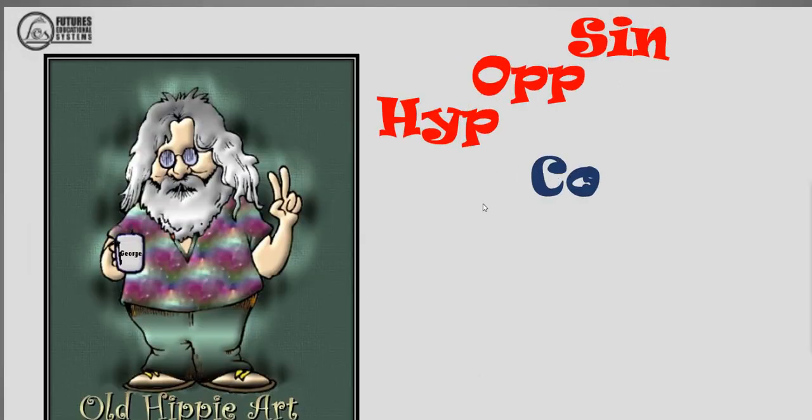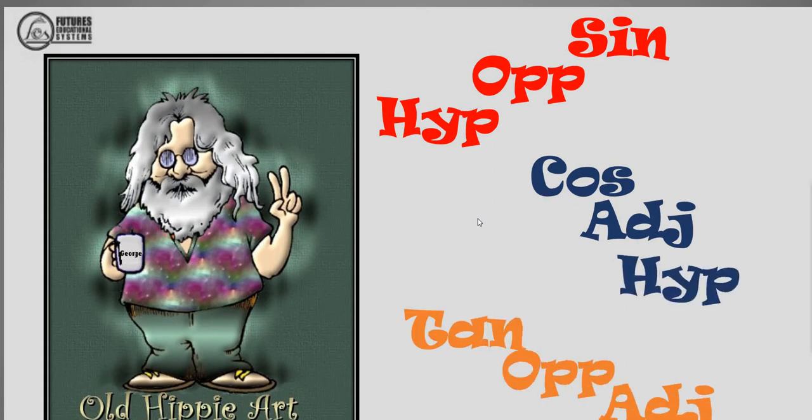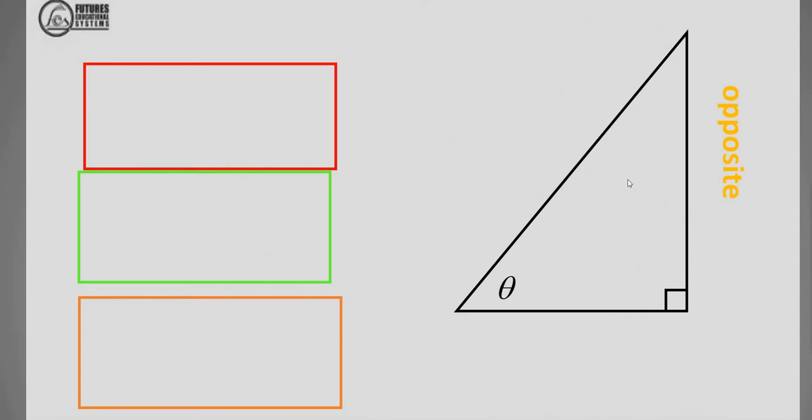Sine is opposite over hypotenuse, cosine is adjacent over hypotenuse, tan is opposite over adjacent. If we have a right angled triangle like that, with angle theta, that's the opposite side, and that's the adjacent side, and this is the hypotenuse.